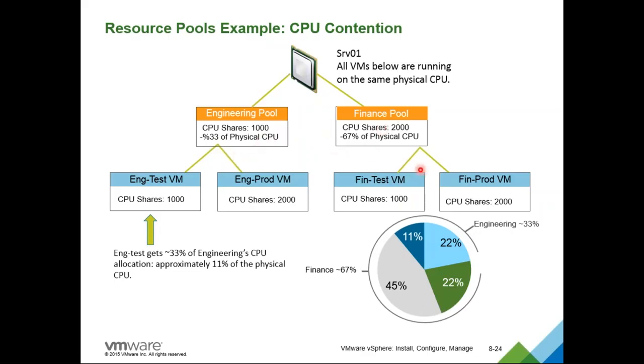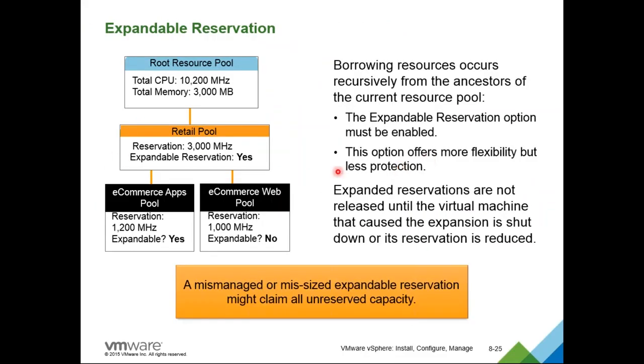And if it does not meet the maximum CPU or limit CPU share, it will not allocate or delegate the resource to your particular VMs under your resource pools. Okay, so that is the reason they said less protection when you enable the expandable reservation on your resource pools. So while enabling the expandable reservation, you have to pre-validate that sufficient resource is available on your root or child resource pools to expand resource.